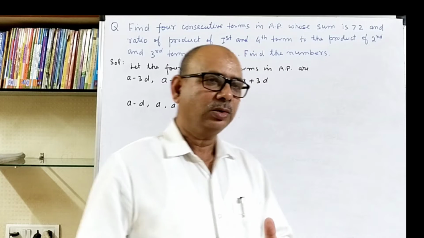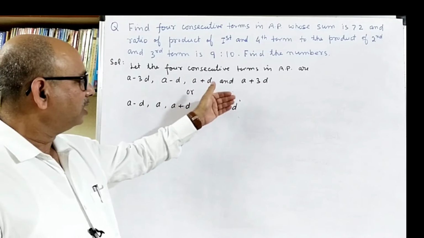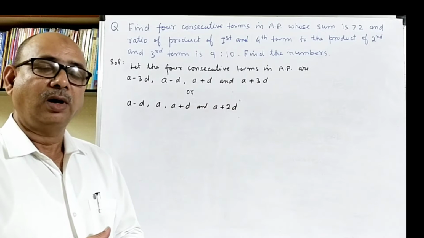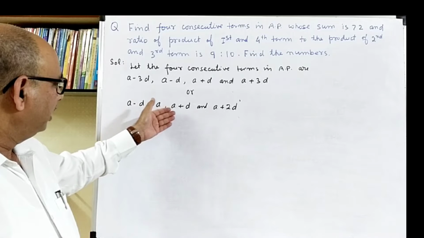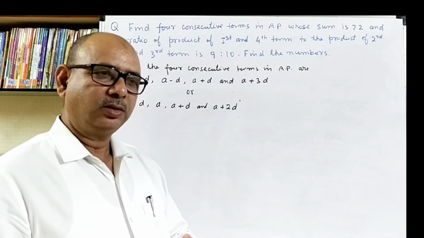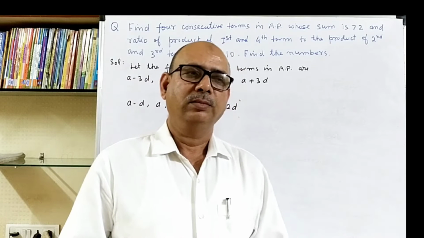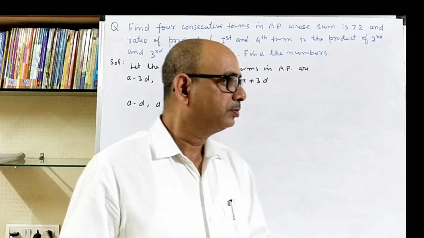Here we can use either a minus 3d, a minus d, a plus d and a plus 3d, or we can also choose a minus d, a plus d and a plus 2d. In both the cases you will get the answer, but let's find out which one will be the simple one.